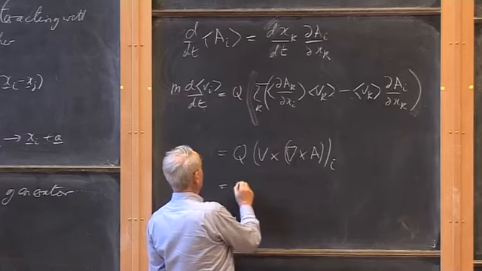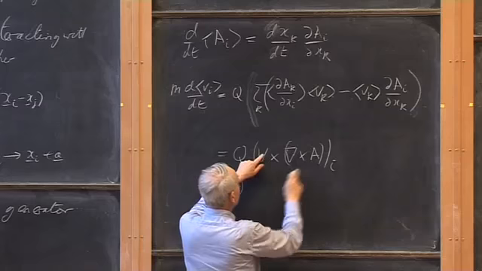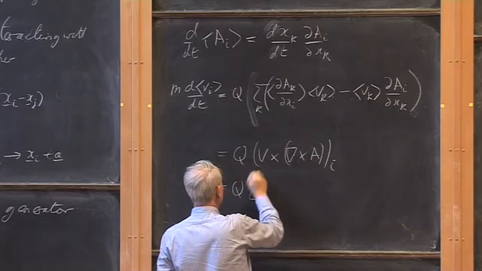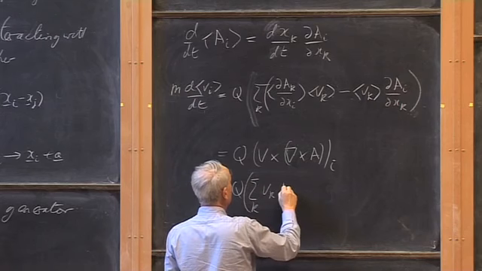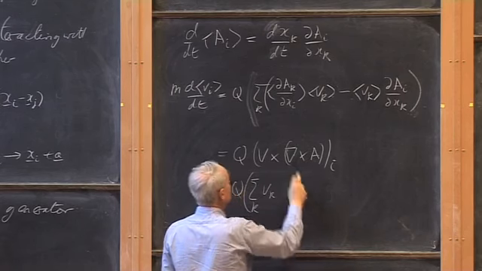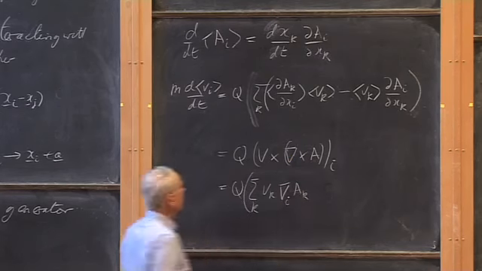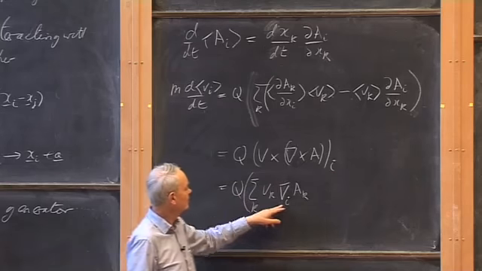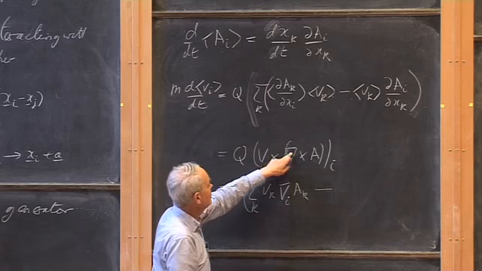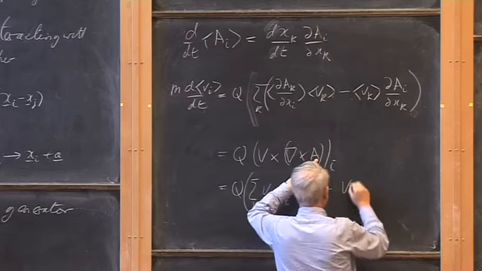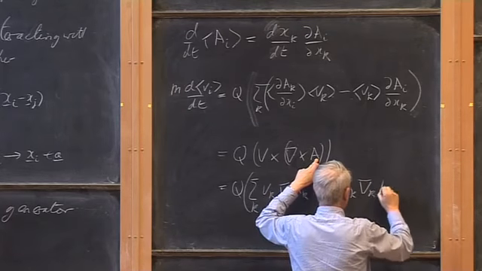So if I expand this, I get q times a sum over k of v_k ∇_i A_k, because I'm trying to calculate the i-th component. And then minus this thing dotted with this thing, direction of that thing, so that's v_k ∇_k A_i.